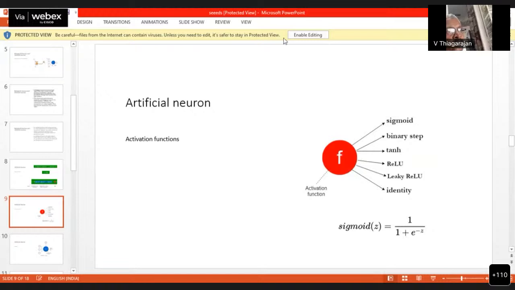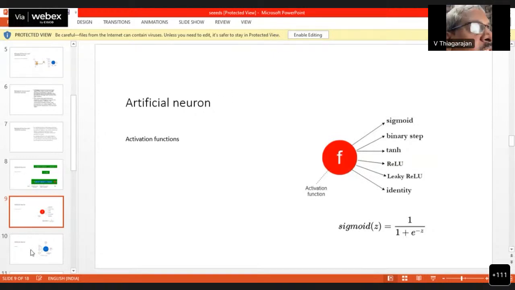One example I have shown in the bottommost part of the screen is a sigmoid function of Z, represented by 1 by 1 plus e to the power of minus Z. When you compute a value for Z, you put it into the sigmoid function, and normally it gives a number between 0 and 1. Just remember that it gives a number from 0 to 1 most of the time. There are special functions that we will not see, but generally it is either binary step or mostly a number from 0 to 1.